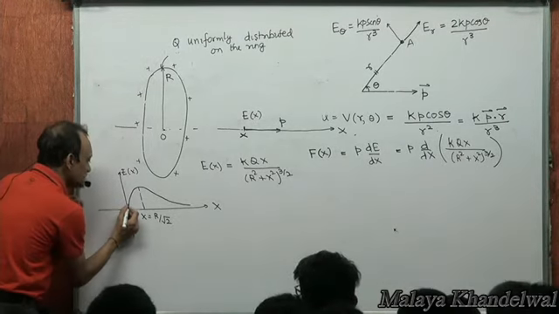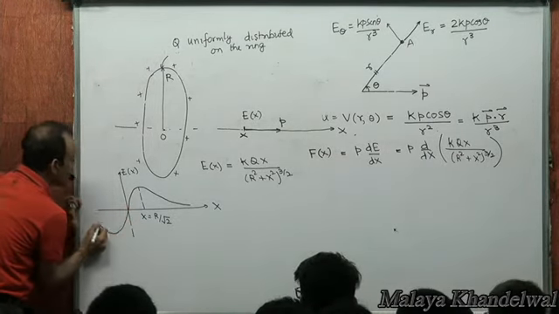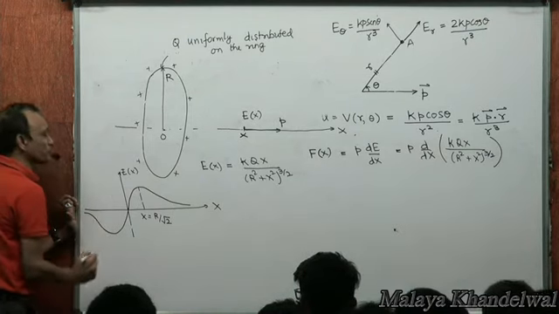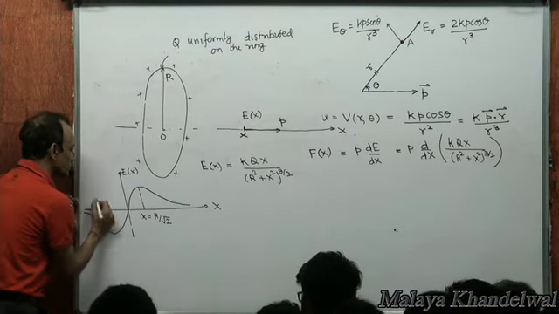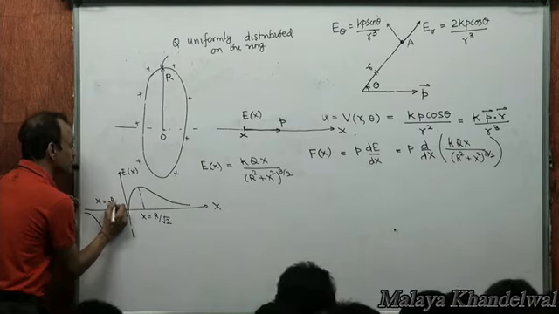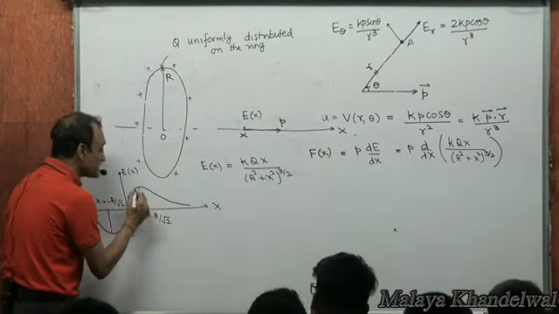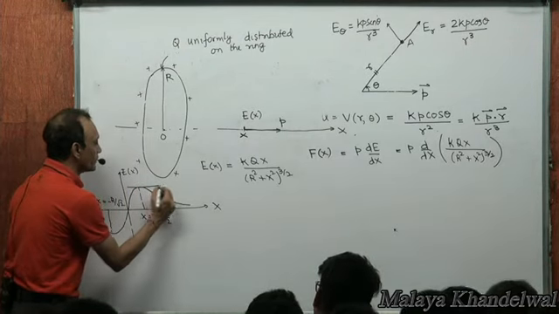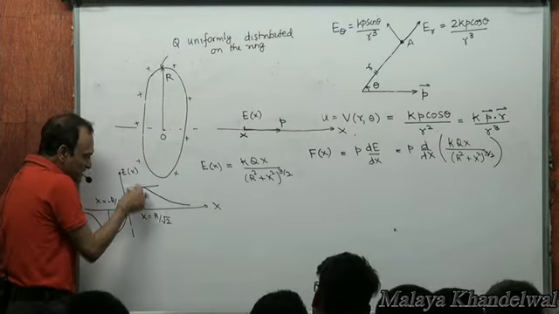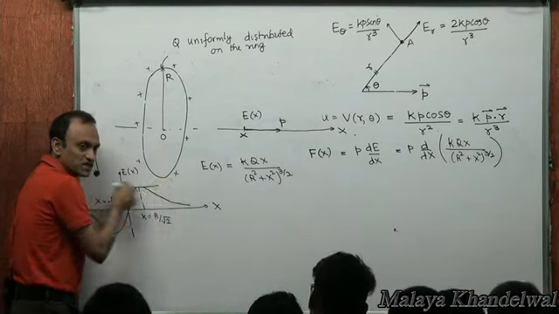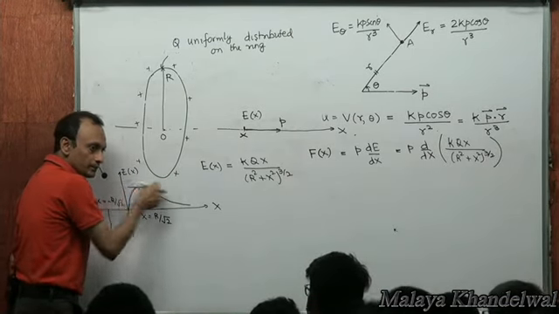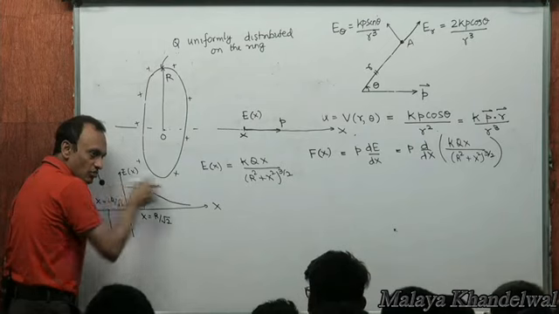So that is on one side of the ring, and on the other side of the ring, it's only the direction of the electric field that will vary. So this is x equal to minus r by root 2. Remember this? Now, do you realize that at x equal to r by root 2, dE/dx is 0? The slope of the E versus x graph is 0, right?